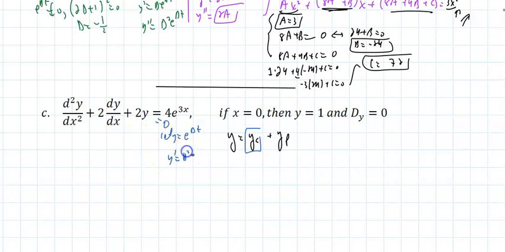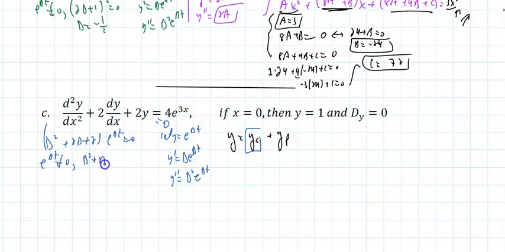Y prime is d e to the dt, and y double prime is d squared e to the dt. So I have d squared plus 2d plus 2 times e to the dt equals 0. E to the dt cannot equal 0, so it must be d squared plus 2d plus 2 equals 0.